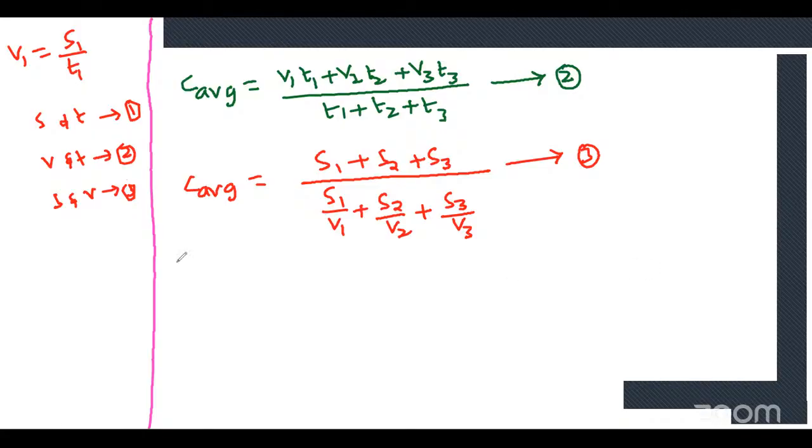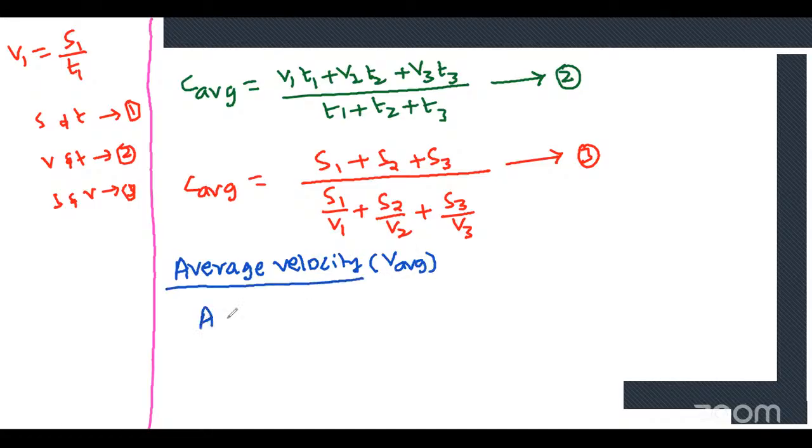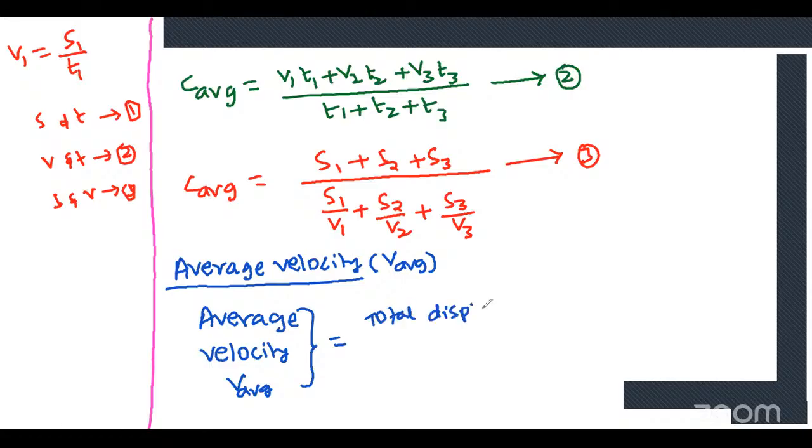Next, average velocity. Same as before, we can say that average velocity, V average, is equal to total displacement by total time.